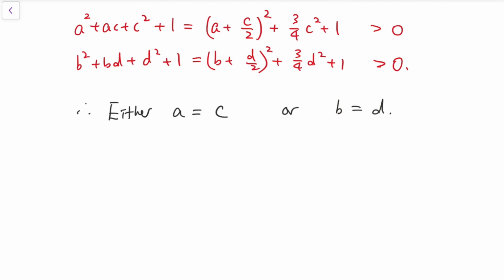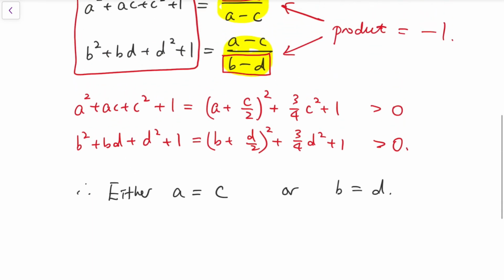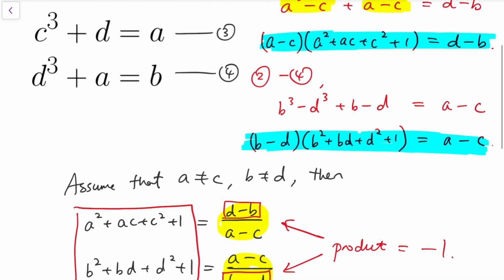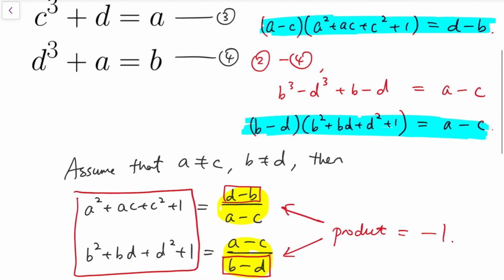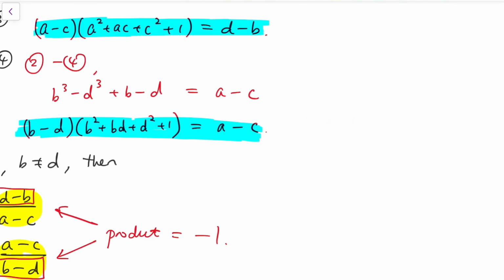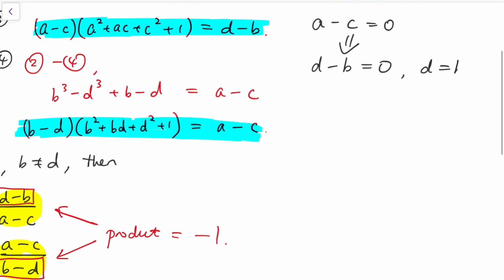But if this really happens, say if we have a equals c, then we can go back up to the equations in blue. Then we can say a minus c equals 0. But from this, we know that this implies d minus b equals 0 as well, which means d equals b.